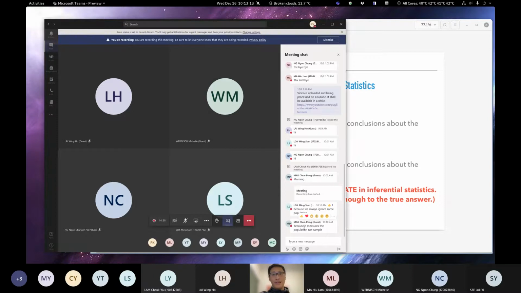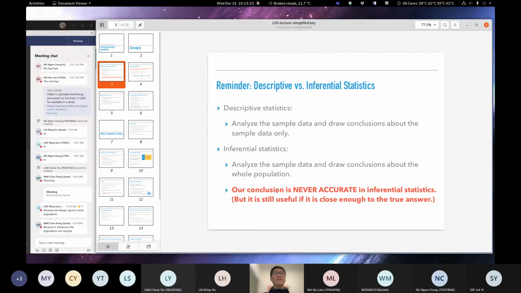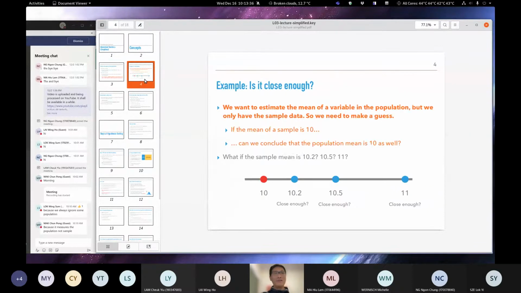We try to measure the population, but we are using the sample data to do that, to be more precise. So this is a problem that we need to face. And the way to tackle this problem, we can never eliminate this kind of error completely. But what we try to do is to estimate how accurate it is.